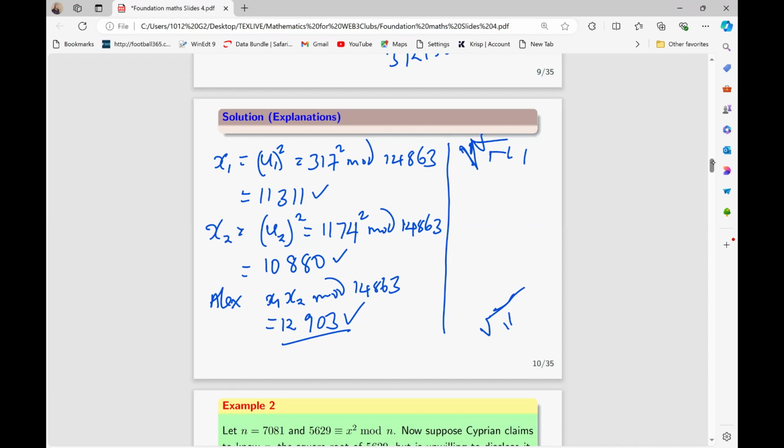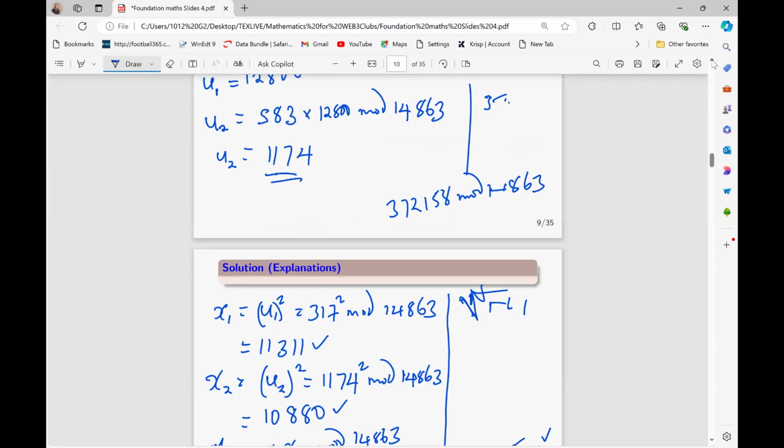X1 is 11,311. Alex knows that getting the square root mod 14,863 is not easy. But you see, Cyprian will not struggle because he's the one who squared to get this number. He just squared a number, so he goes back to what he squared.